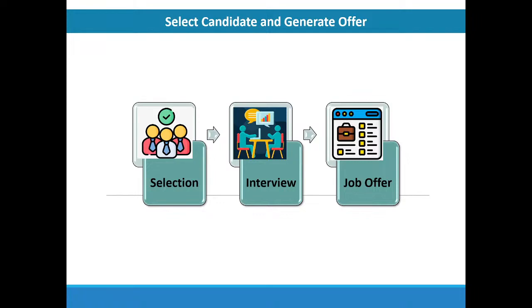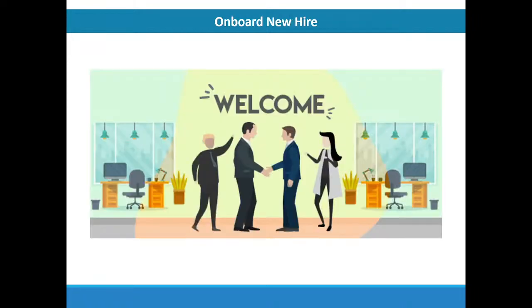Using all these tools, you will succeed in making a job offer and getting the right candidate on board. So draft powerful interview questions and receive collective feedback from the interview, and the selected candidate will receive an offer from the recruiter. At last, we have onboard new hire.